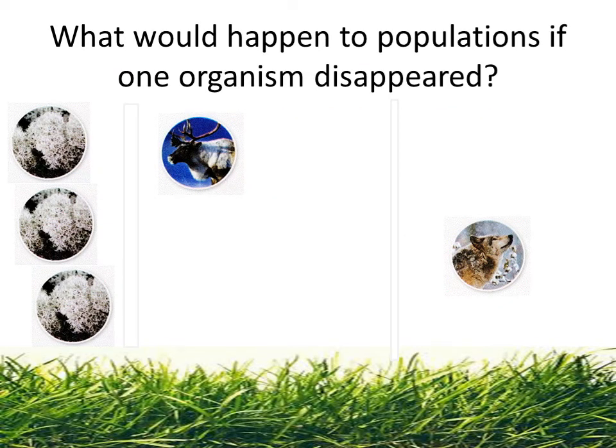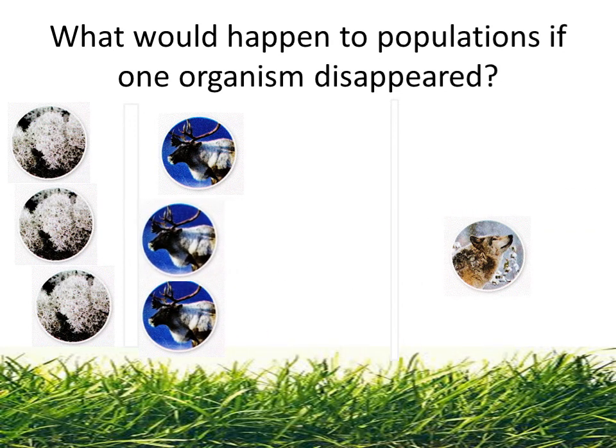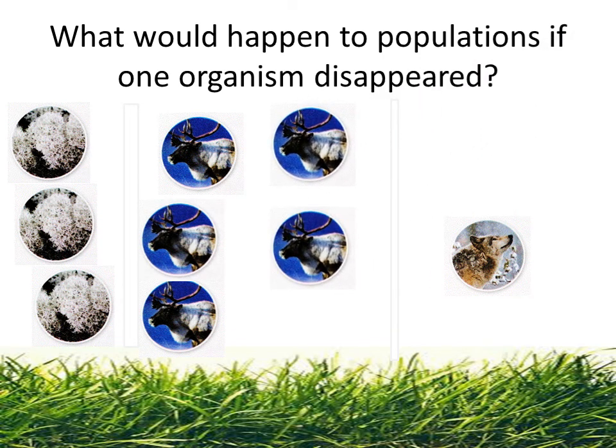Now, I will give you a story to explain what happens to populations. In the tundra, we had so many reindeer moss, so the caribou could find enough food. They started to grow and reproduce, and their numbers started to increase one by one.